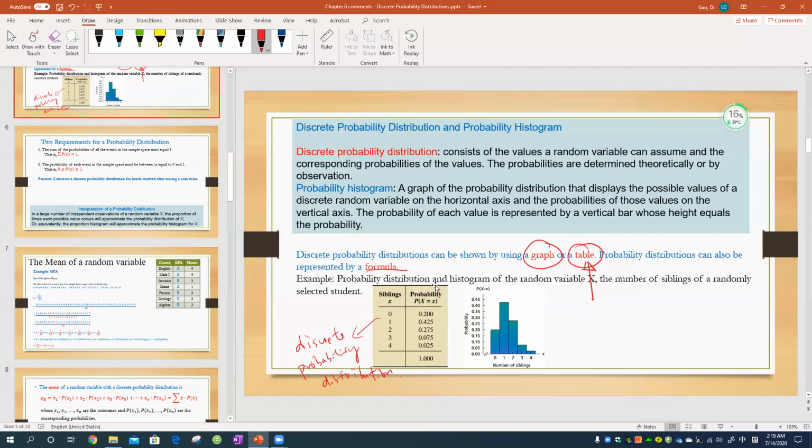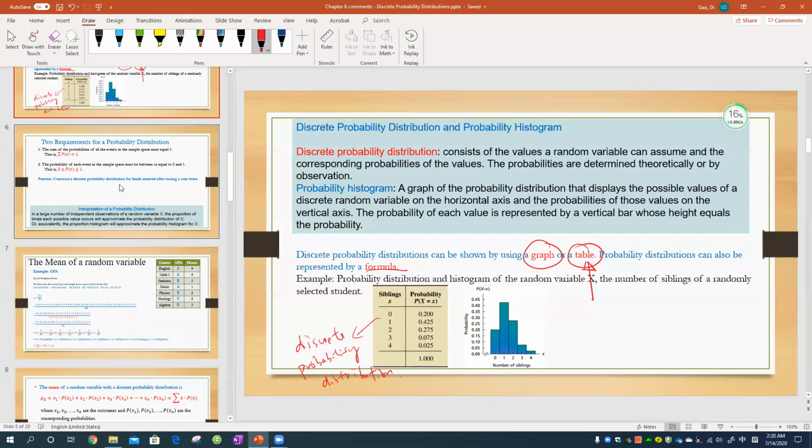When you have a frequency table, you have a corresponding frequency histogram. Same thing, when we have this table, which is the discrete probability distribution, then we're going to have a corresponding histogram, which is the probability histogram. So for 0, we have 20%, and for 1, we have a 42.5% chance. The height of the bar represents the probability of that value happening.